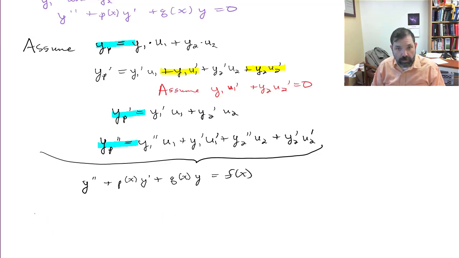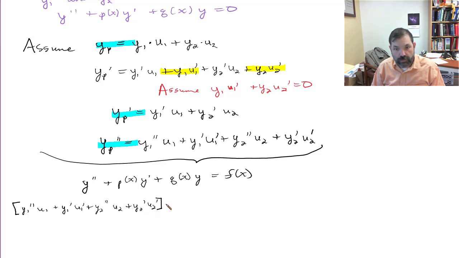All right, so y double prime, using the assumed yp double prime, is y1 double prime u1 plus y1 prime u1 prime plus y2 double prime u2 plus y2 prime u2 prime.